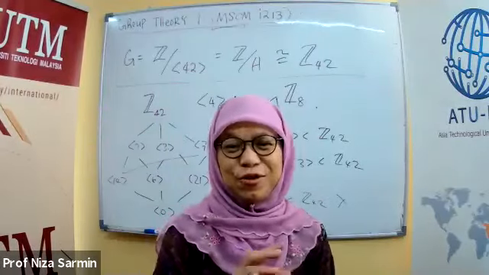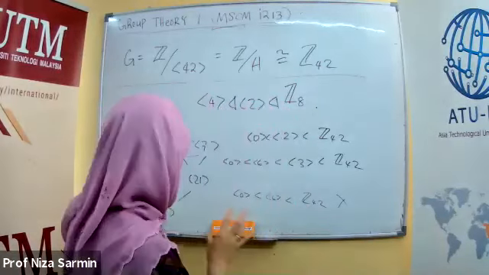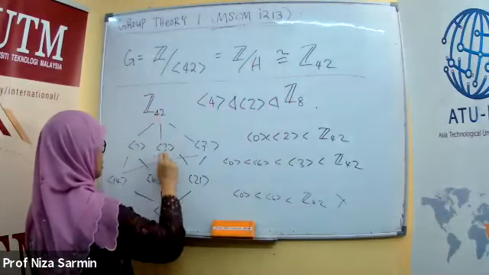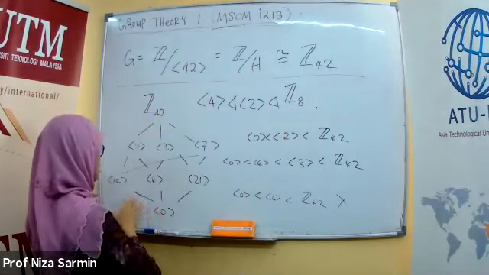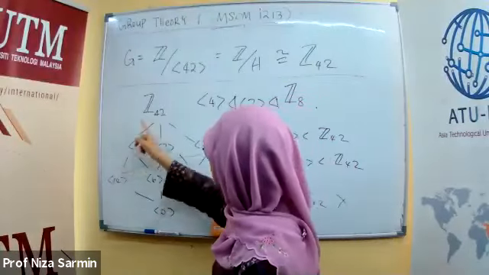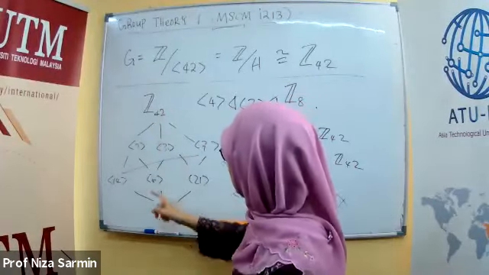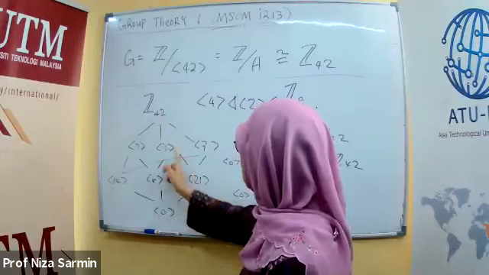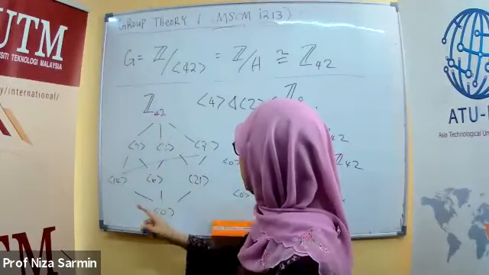So the equivalent one with the length 3 and the equivalent one with the length 4. 1, 2, 3, 4, 5.